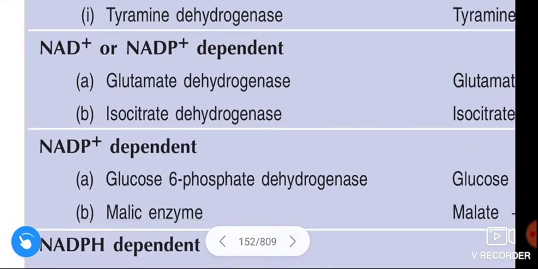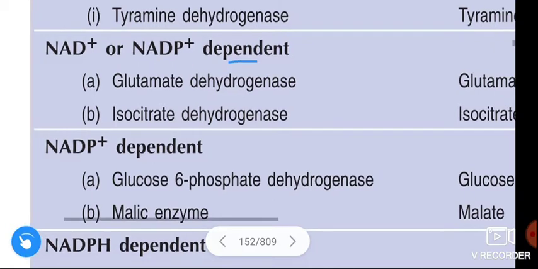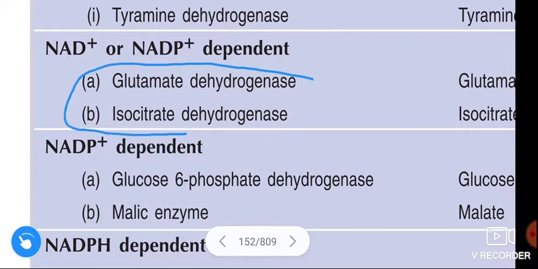Next, NAD+ or NADP+ dependent enzymes. What are they? Glutamate dehydrogenase and isocitrate dehydrogenase. These two enzymes use either NAD+ or NADP+ in the reactions, depending on the availability of both these coenzymes.